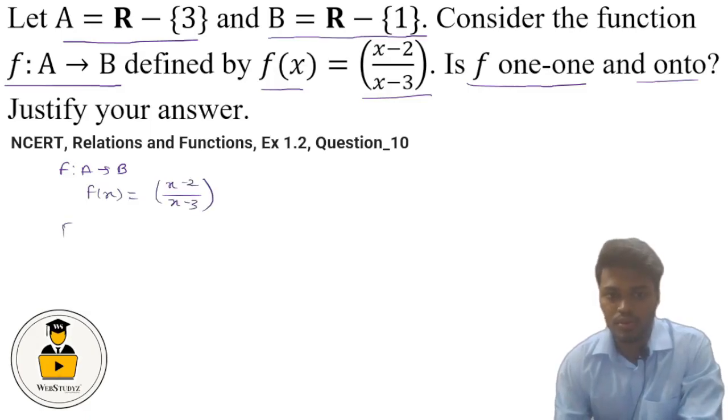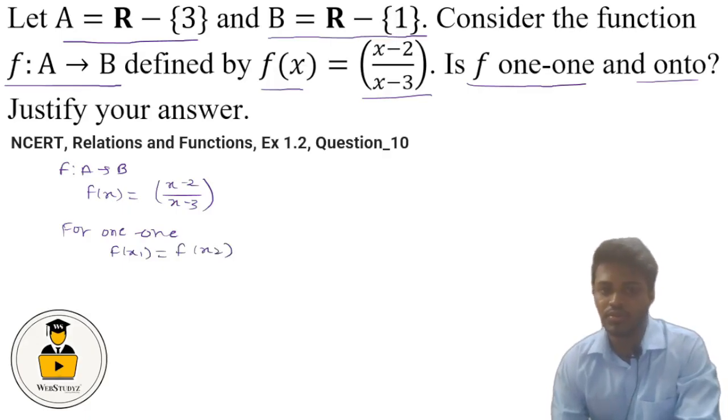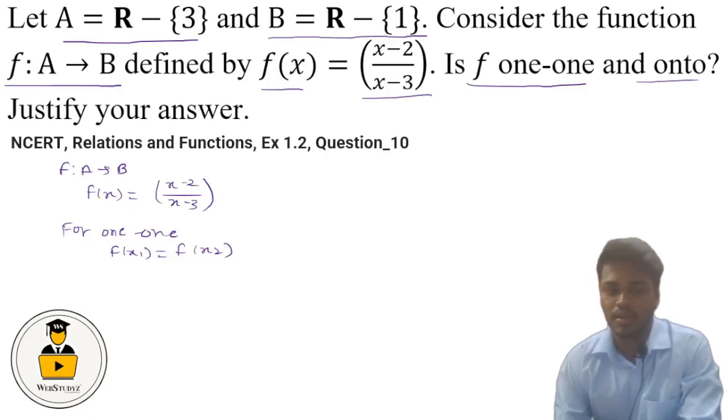For one-one we will assume any two elements x1 and x2 from the domain, and assume that f of x1 equals f of x2. If from this we get the condition that x1 equals x2, we can say that the given function is a one-one function.